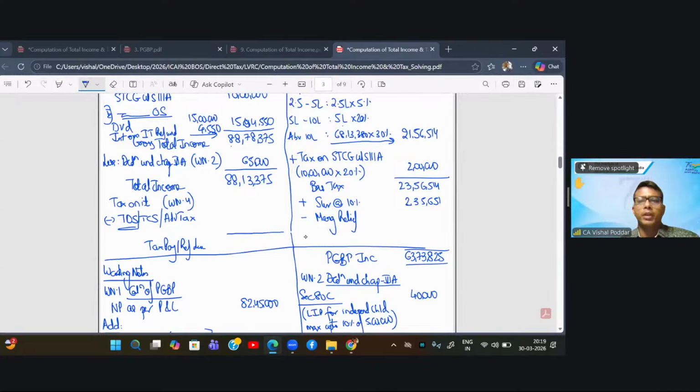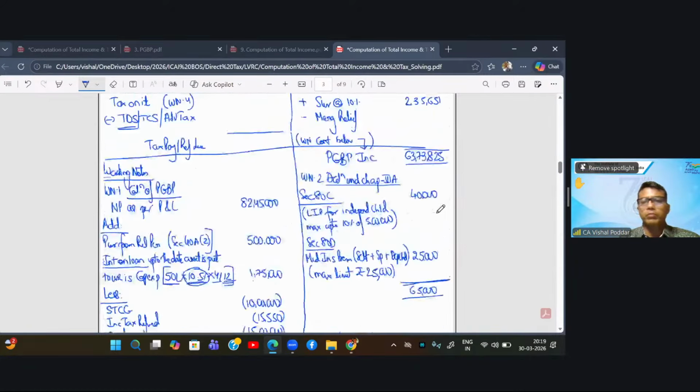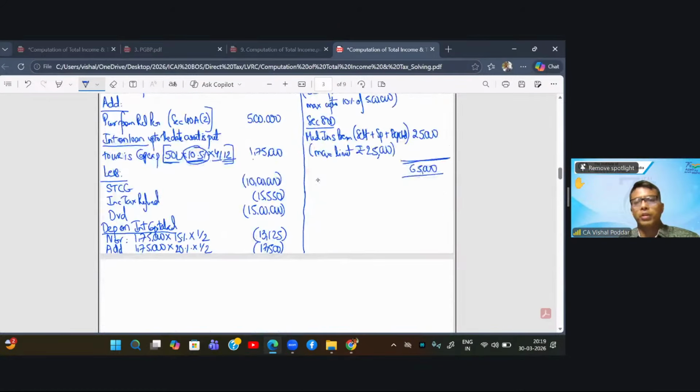And then working: calculation of marginal relief. Working continued from above. Now, how do you calculate marginal relief?